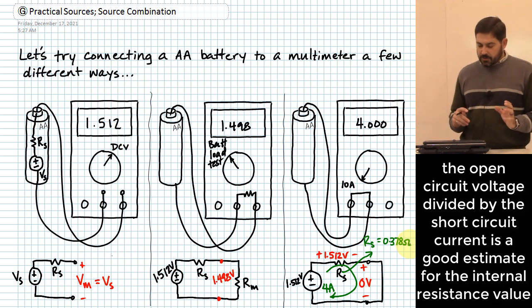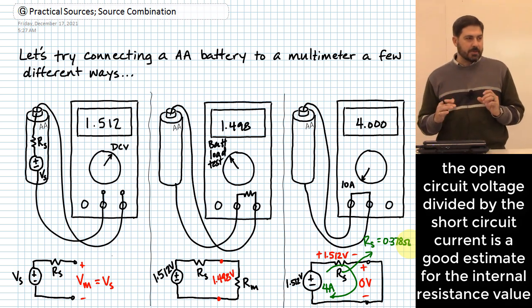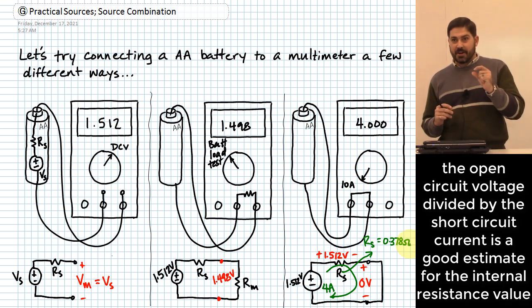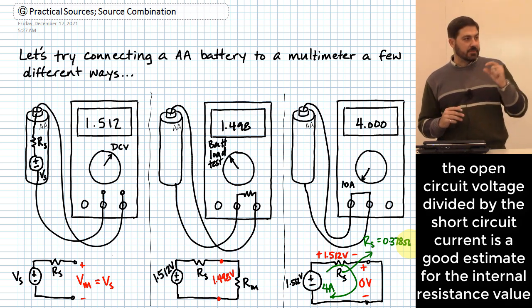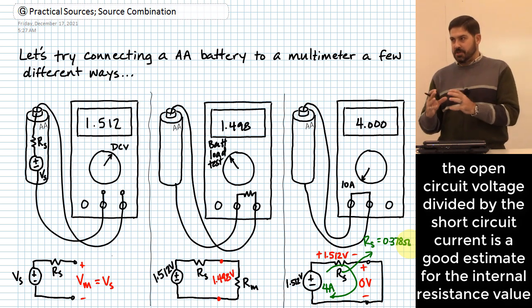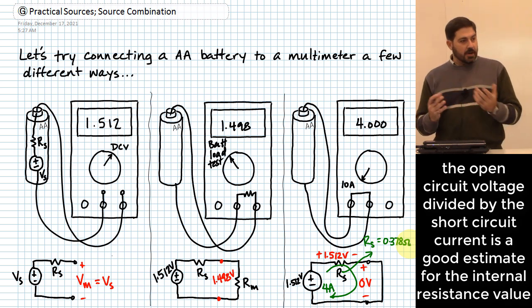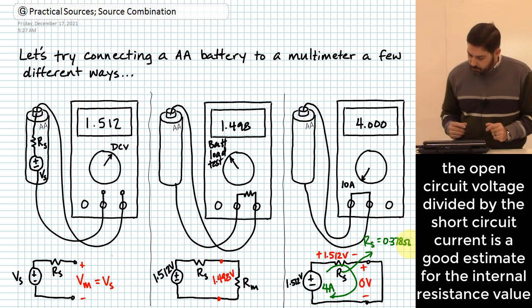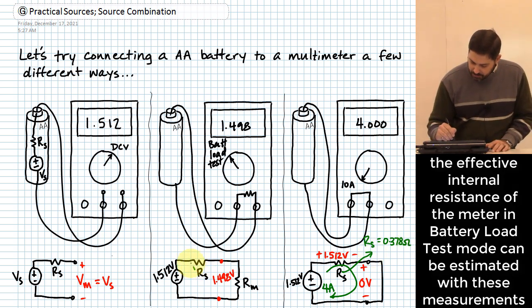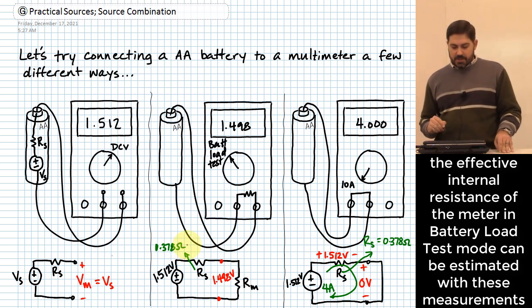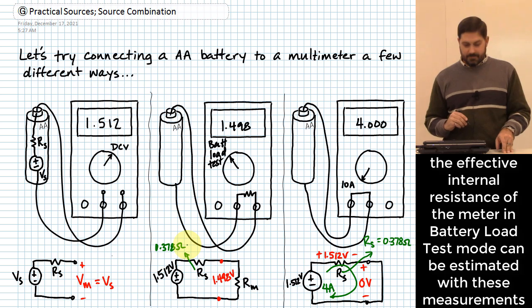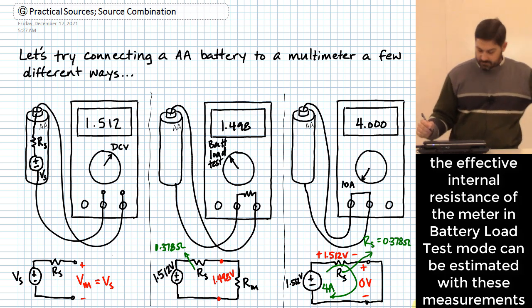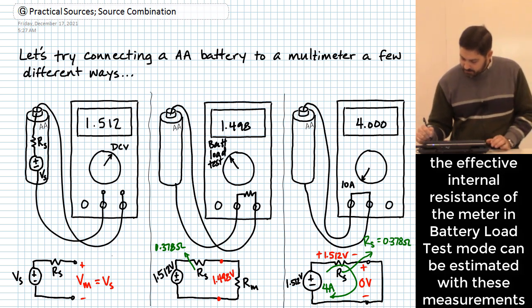And that value can shift a little bit because technically there's not a little resistor inside of there, right? What you're seeing is actually just the nature of the battery, and we're modeling it as if it's a resistor. But that number doesn't change a whole bunch, so it's somewhat valid to say that RS is still going to be equal to 0.378 ohms in this test. So what does that mean RM might be? Is there a way to figure that out?